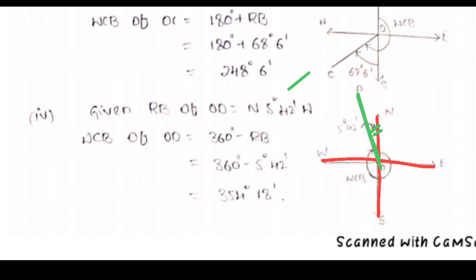Now we are going to calculate the whole circle bearing, from north to this line. For this we already know that the total coordinate system angle is 360 degrees.